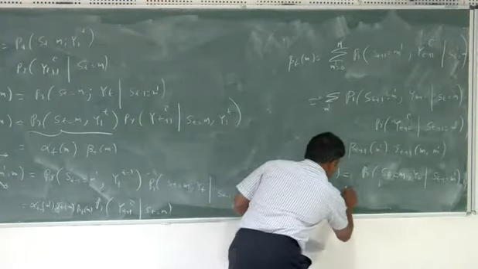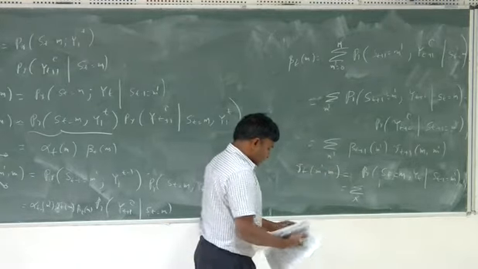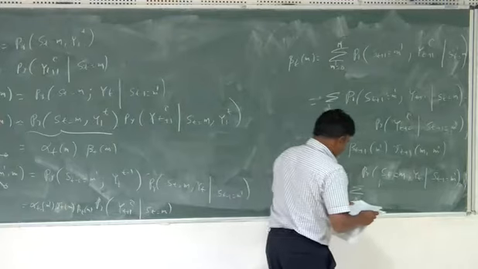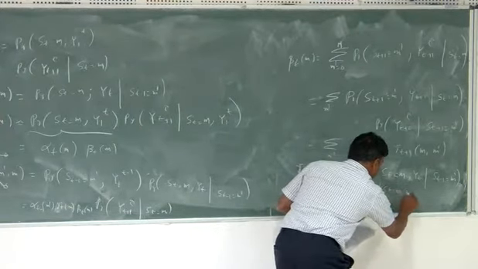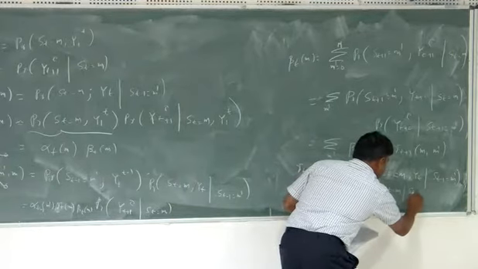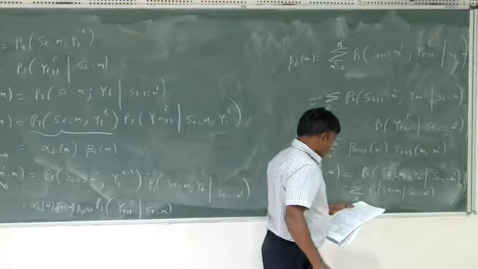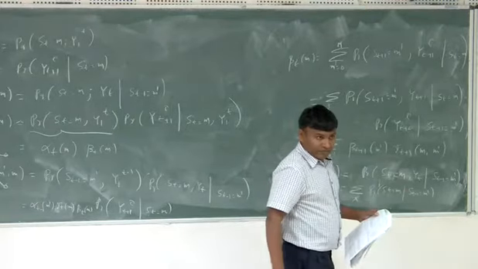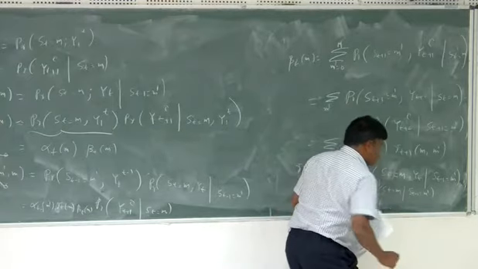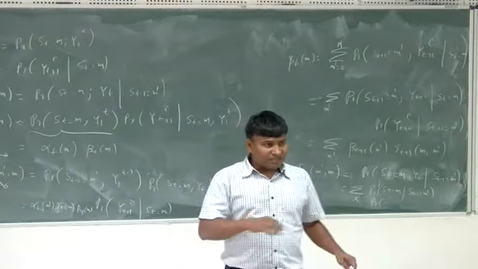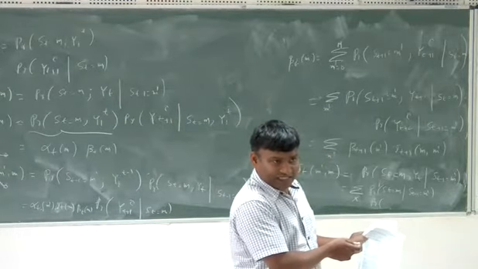Now this can be written as summation over the alphabet x, the channel digits x, probability of s t equal to m given s t minus 1 equal to m prime, again a repeated application of this. Everything is probability because all are discrete, we are not really dealing with density.